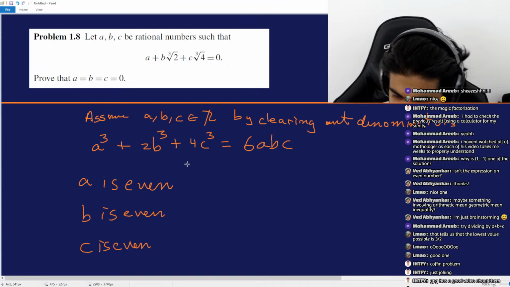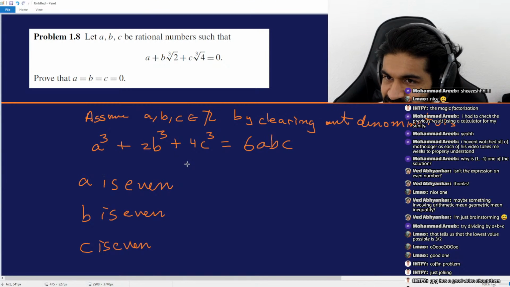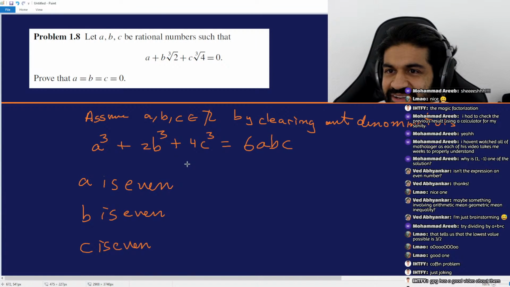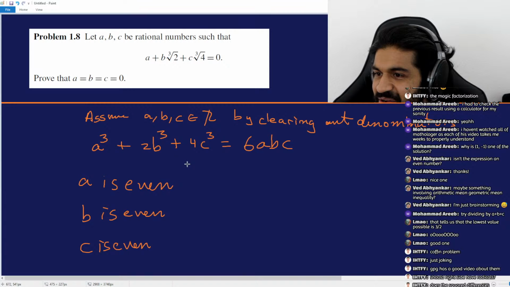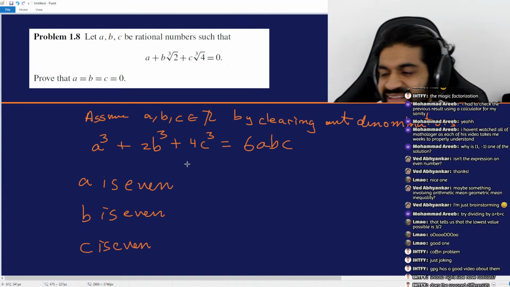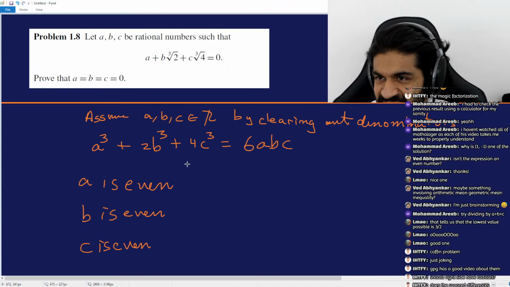If they're all even, you can divide both sides of the equation by another 2. You can keep dividing over and over again. I think that does it. That's a valid solution to this problem.